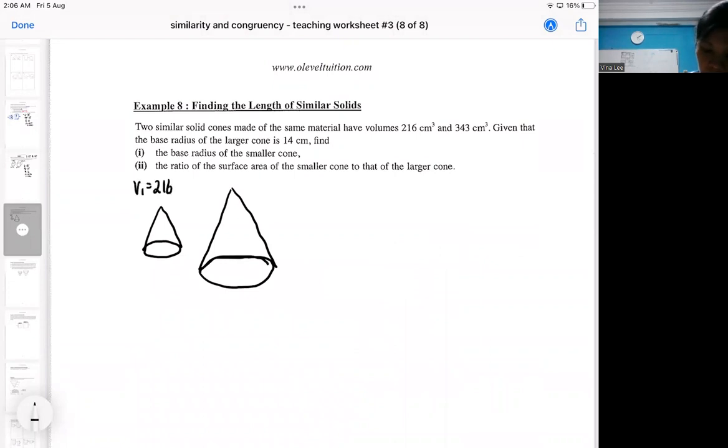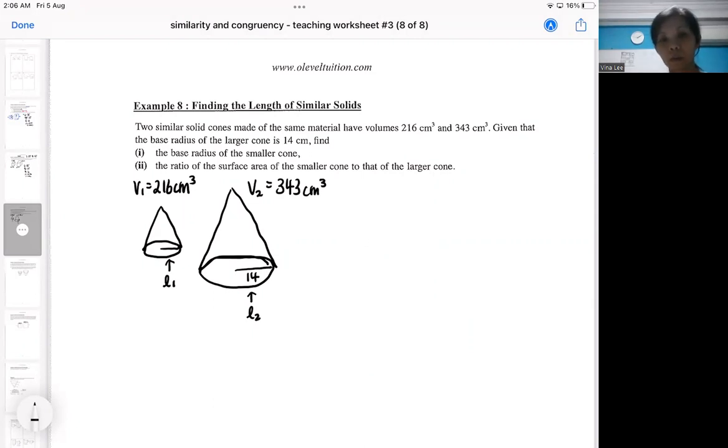I usually like to assign the volume first, or I can assign the area, whatever. The radius of the larger cone is 14, so I can let this be L2. This is the L1. I'd like to find the radius of the small cone.